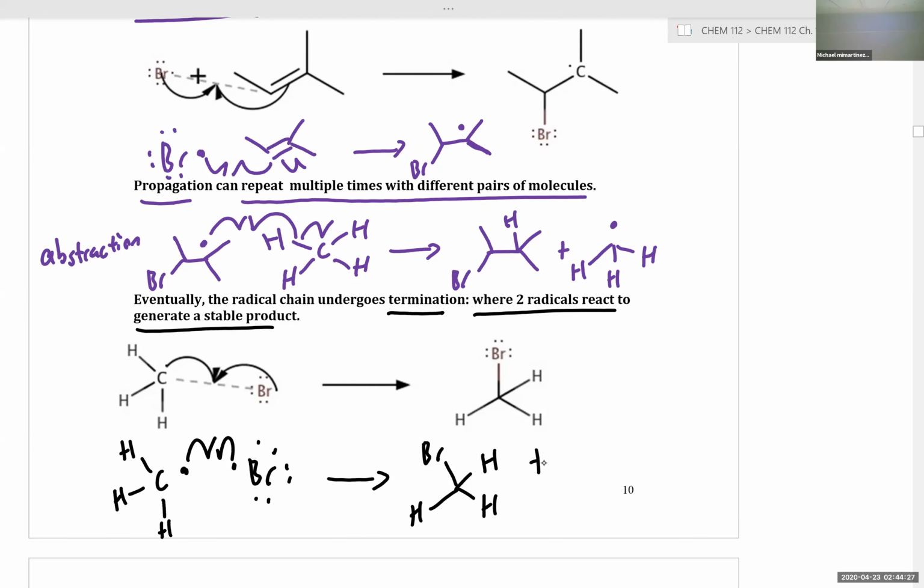So we call this process termination, as we no longer have our two radicals present. We've terminated our radical chain. This species is no longer a radical, so it can't further propagate the chain.